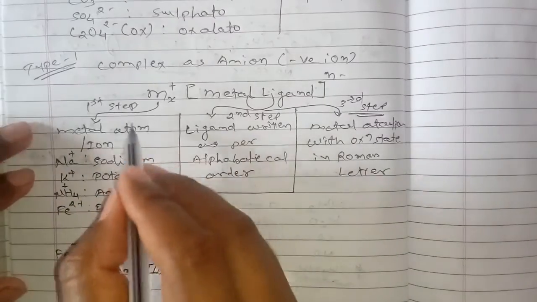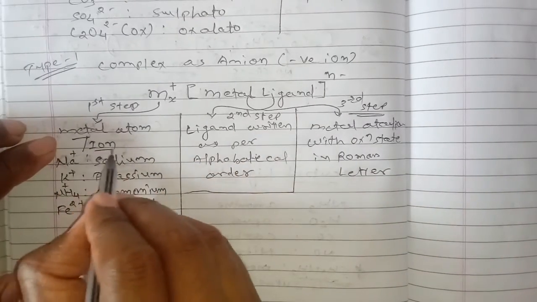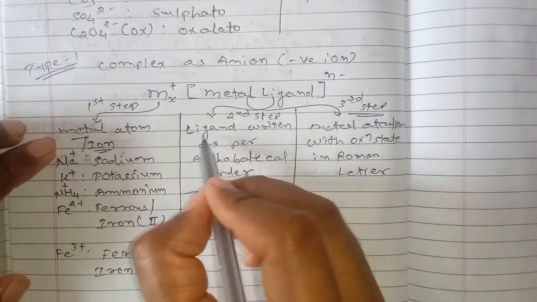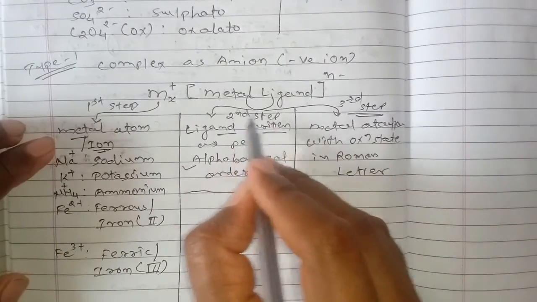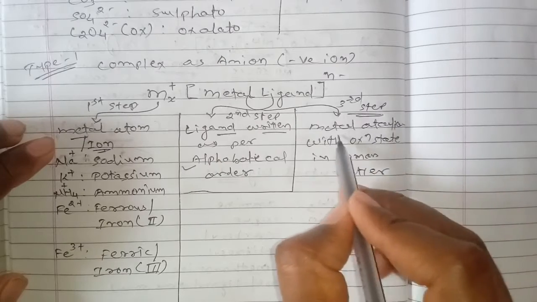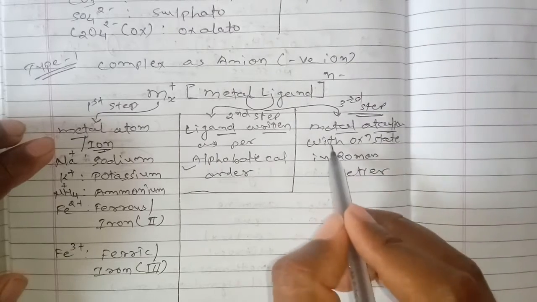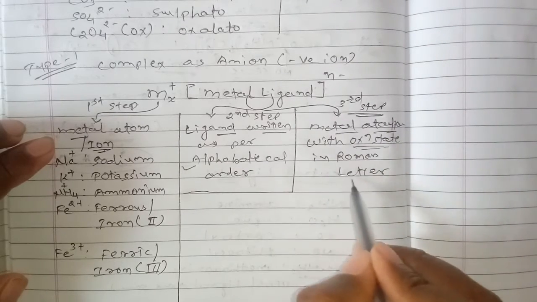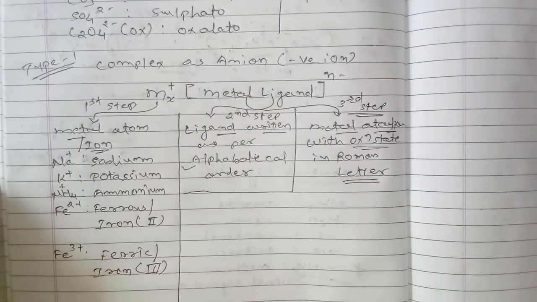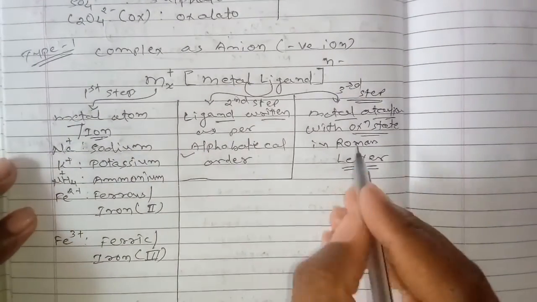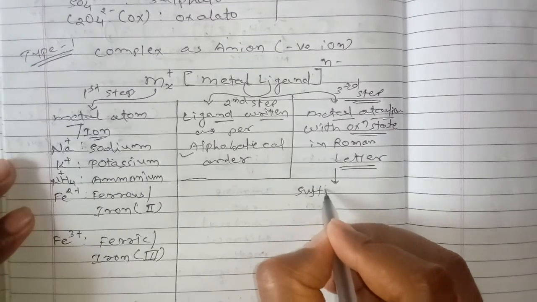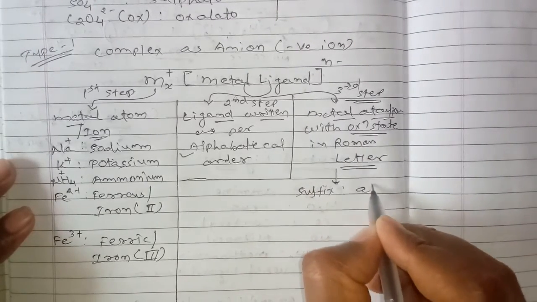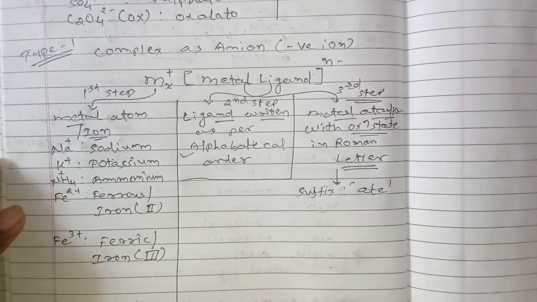So first step, the metal atom or ion is written. In the second step, ligands are written in alphabetical order, and then in the third step, the metal atom or ion with oxidation state in Roman numerals, and their suffix is -ate.